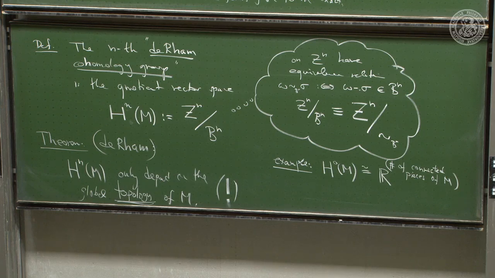If the gradient of a function vanishes everywhere, that means it's a constant function. But if you have a space consisting of several pieces, this piece and another disconnected piece here, the function could be constant on this piece with one value and constant with another value over there.